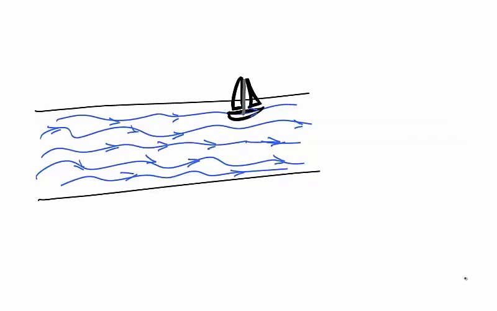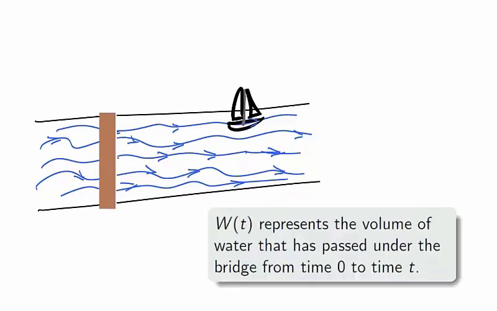What is the current of a stream? How do we characterize this in a way we can quantify? The speed with which water moves along a stream is related to flow. Suppose a bridge crosses a stream. The function w will represent the total amount of water in the stream which passes below the bridge on the time interval 0 to t.